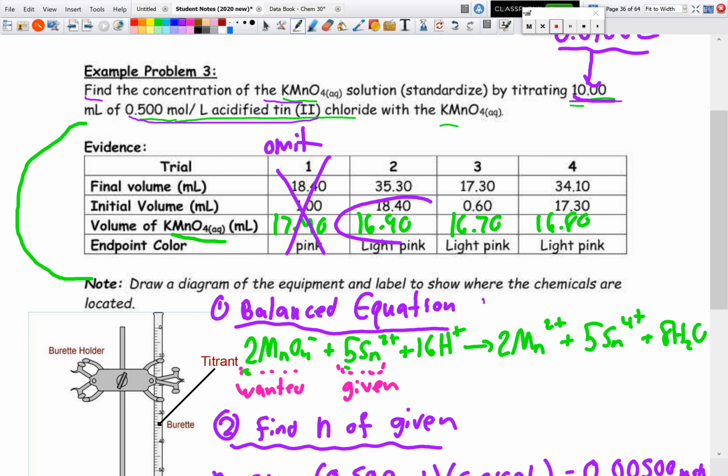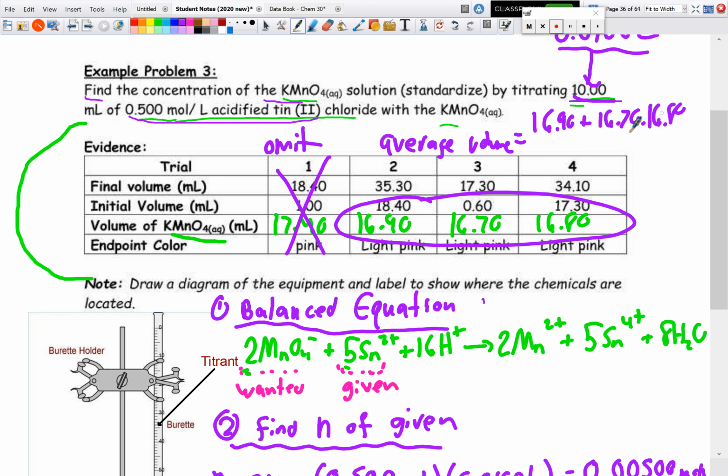And what we're going to do is get the average volume is equal to, well, we go 16.90 plus 16.70 plus 16.80 all divided by 3, and we get the average to equal 16.80 milliliters, or 0.01680 liters.